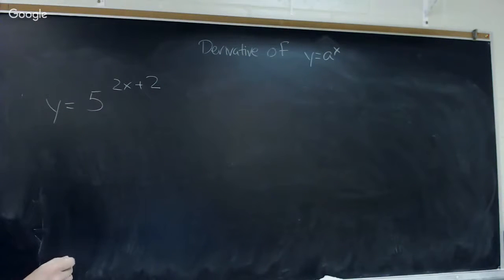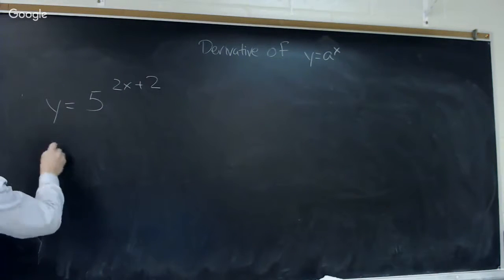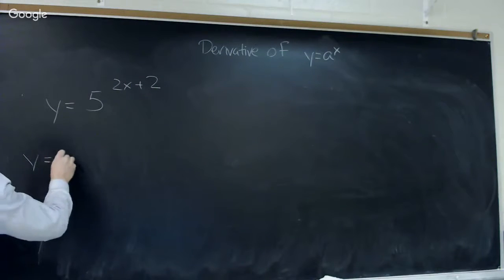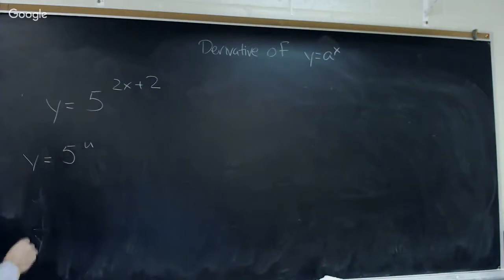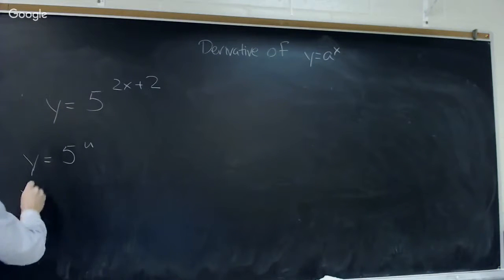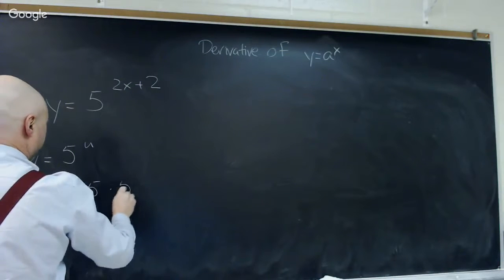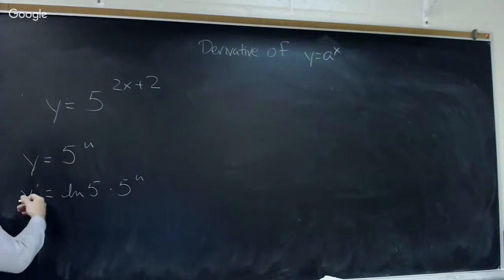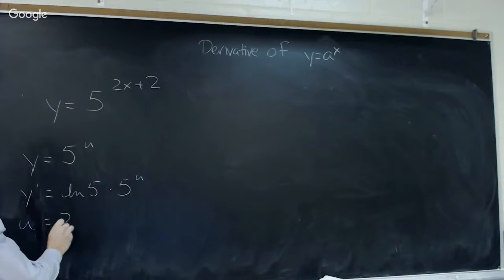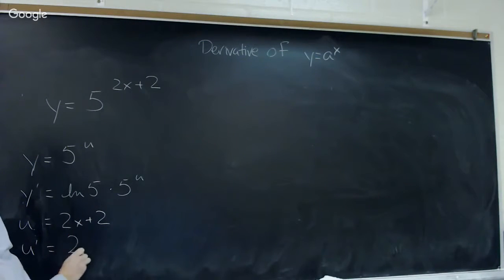So this looks like y equals 5 to the exponent u. And u, oops. So y primed is going to be the natural log of 5 times 5 to the exponent u. u is 2x plus 2, and so u primed is just 2.